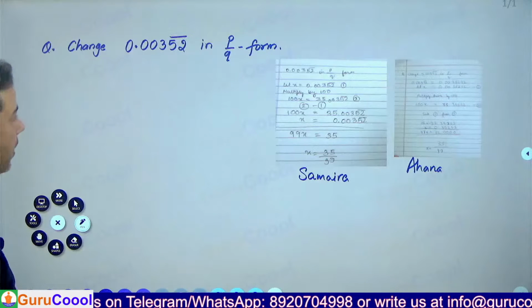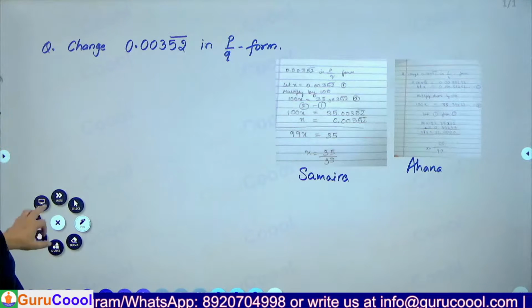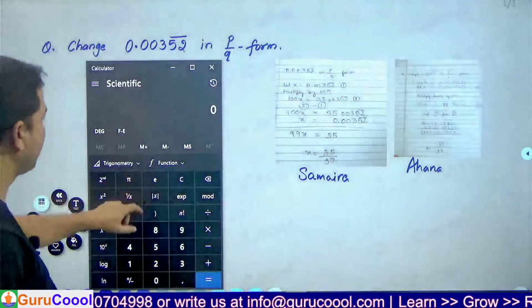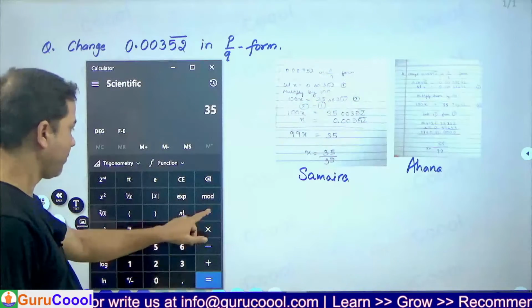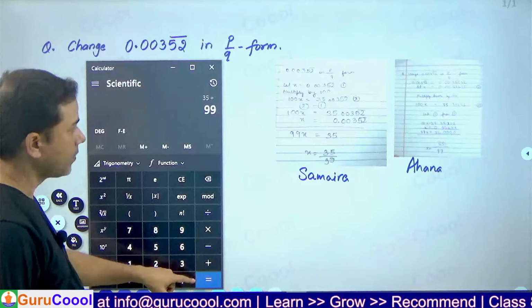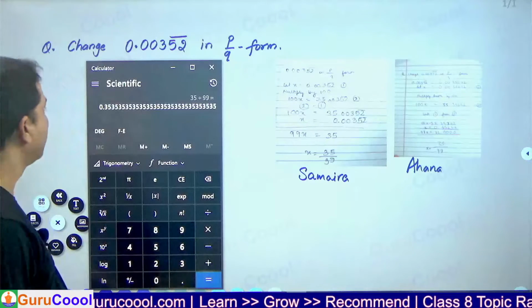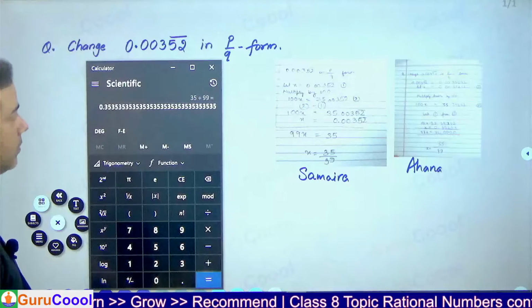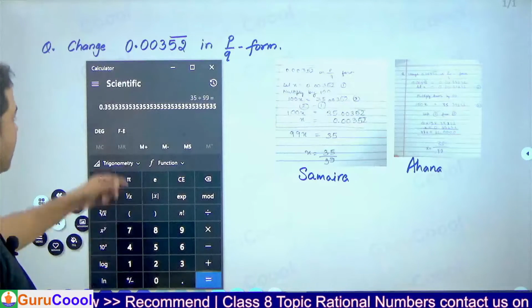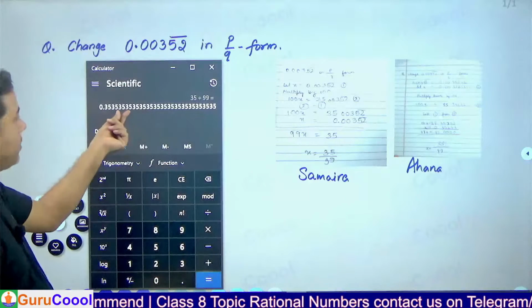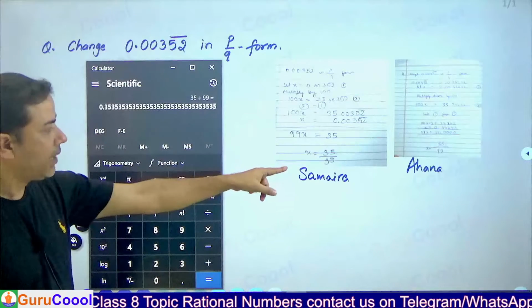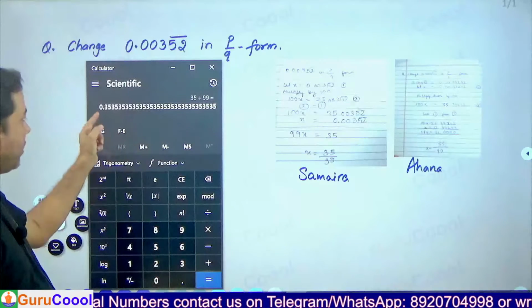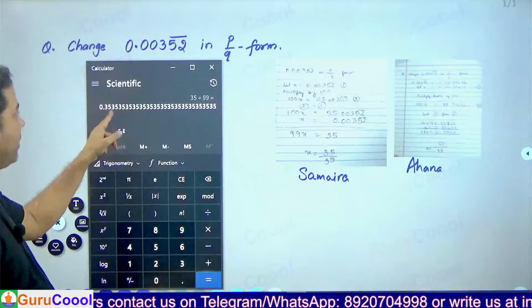You got 35 by 9. But it's 0.353535. 35 by 99. When I divided 35 by 99, I got 0.353535.